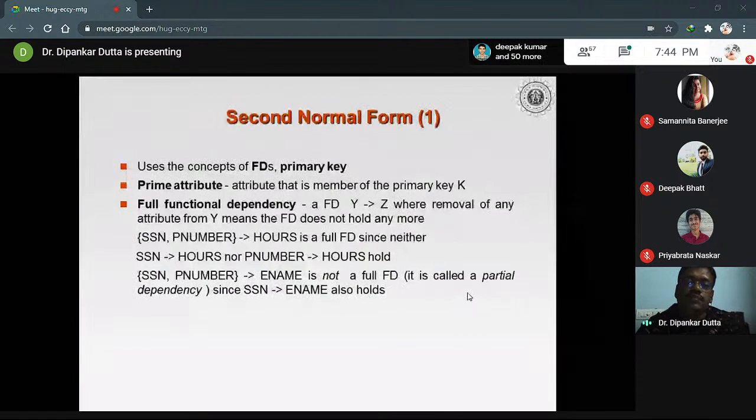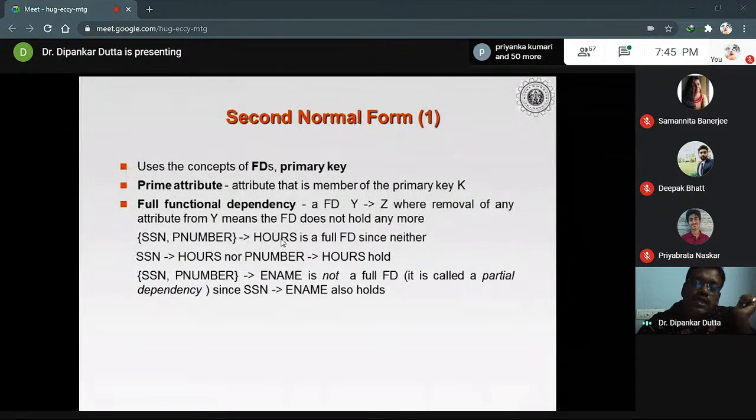It is called a partial dependency, since SSN implies ename also holds. So SSN, P number implies hours is an example of full functional dependency, and SSN, P number implies ename is an example of partial functional dependency.